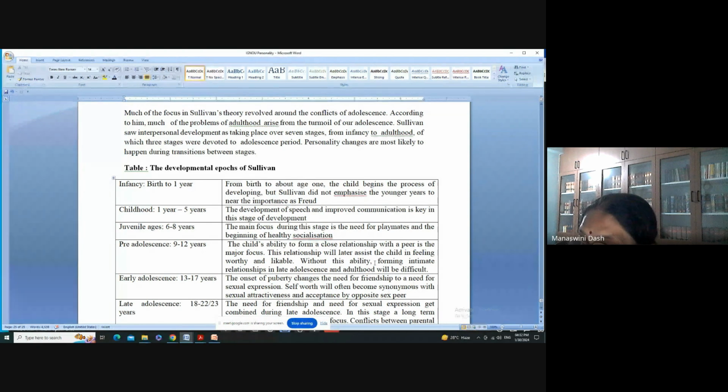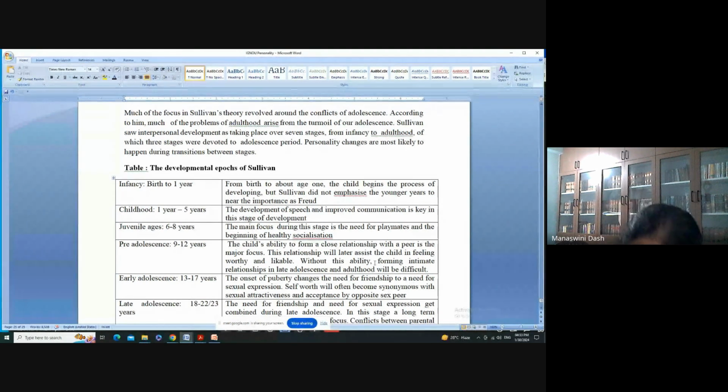Sullivan accepts Freud's idea of defense mechanism, the importance of anxiety, and he also believes that development takes place in stages. But the difference is that Freud emphasized sexuality, whereas Sullivan emphasized interpersonal relations.